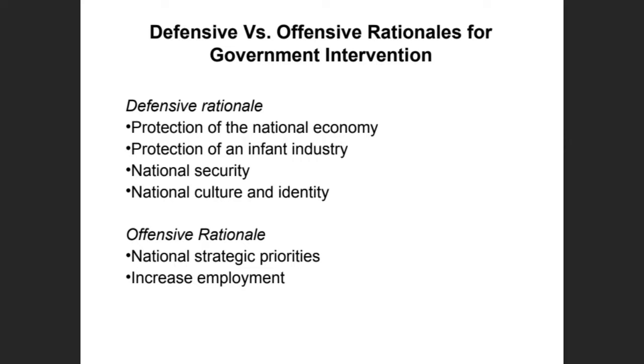For example, countries generate better jobs or higher paying tax revenues when they support high value adding industries such as IT, financial services, automobile, or even pharmaceuticals. Increasing employment. So intervention can help preserve local jobs, at least in the short run. However, protected industries become less competitive over time in the global market, leading to job loss in the long run. Okay, so these are the offensive and defensive rationales.